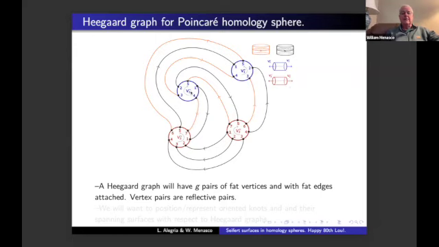Now I want to record information inside these disk regions, and the information inside the disk regions is identical, except that it's reflected. This is why I'm calling this one V1 minus and V1 plus, and down here this is V2 minus and V2 plus. The co-core of these one handles is oriented, and the core of the one handle is oriented, all right-handedly.